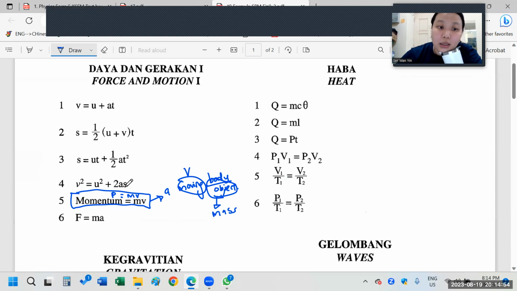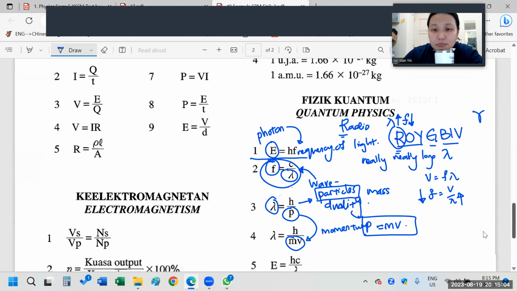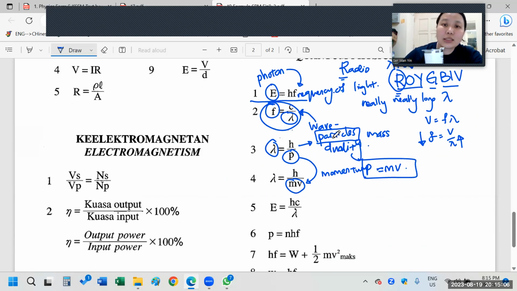So we say momentum is the product of mass and velocity. So this is for wave particle duality. This is for wave, this is for particles. Okay, so this is how we get the formula.